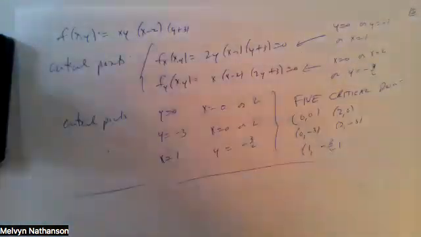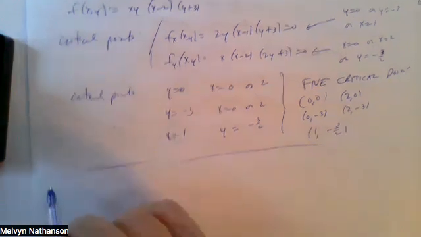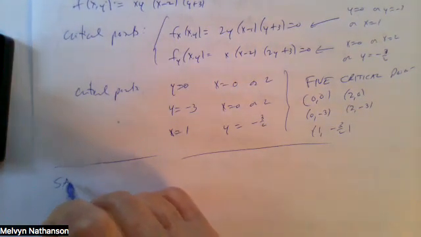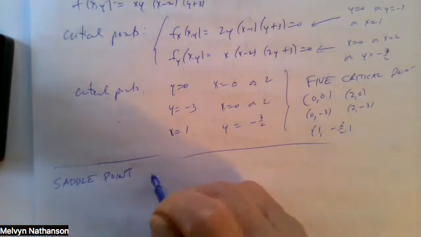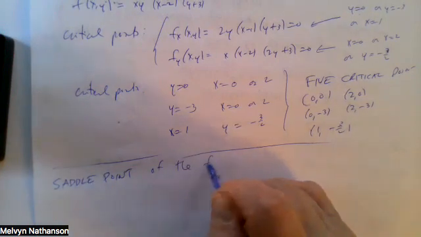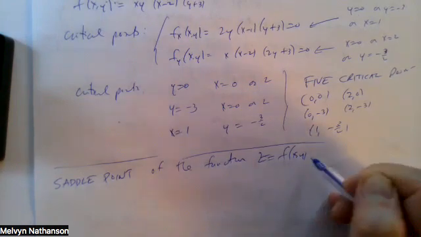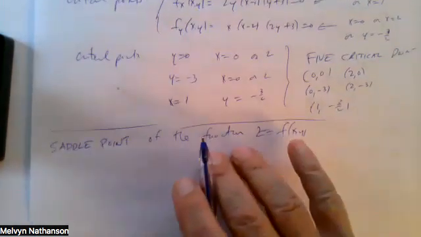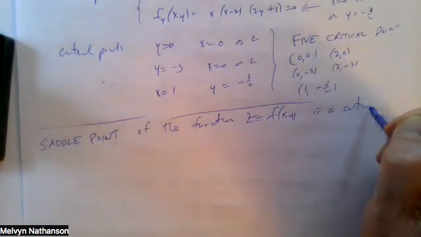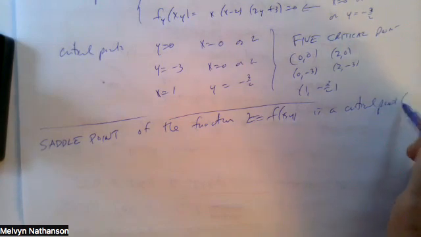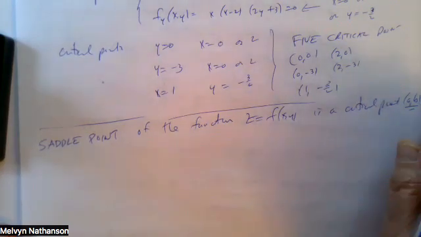And something analogous happens for functions of 2 variables. And instead of calling them inflection points, they're called saddle points. So a saddle point of the function z equal f of x, y is a critical point (a, b). Critical point means both partial derivatives of the function are 0.